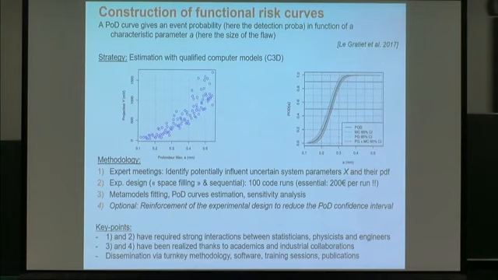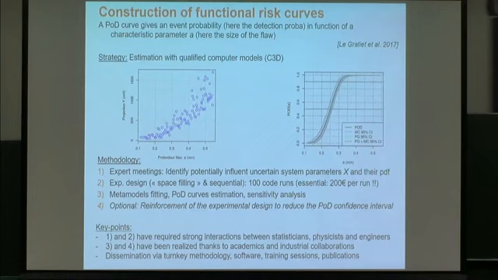And in this kind of thing, the classical tool that we use is called the probability of detection curve. On the x-axis you have the size of the defect, and here you have the probability that your probe, that your process, detects the flaw.